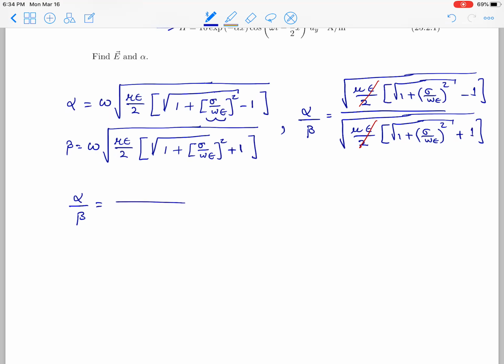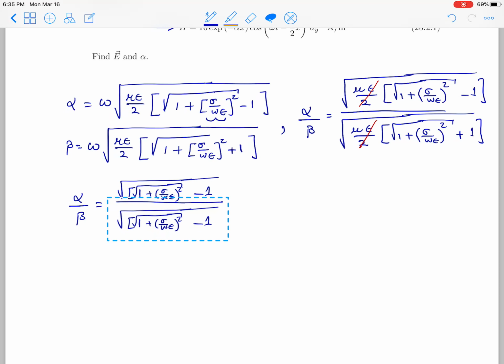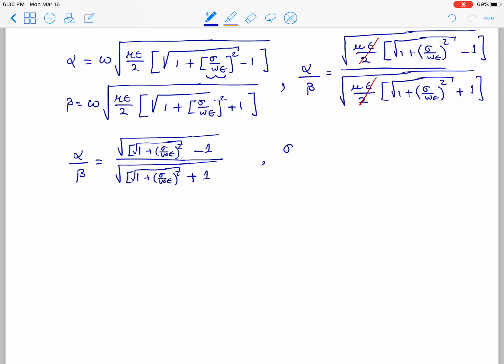So the ratio will be, the only missing part here is sigma divided by omega epsilon, and this one is the loss tangent.